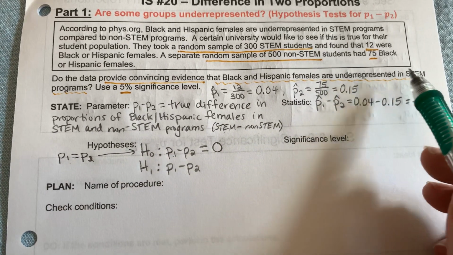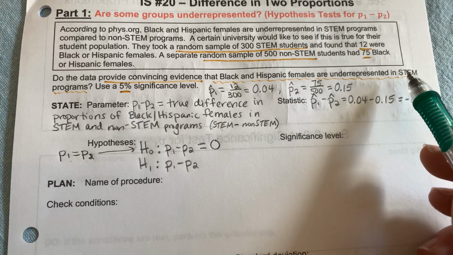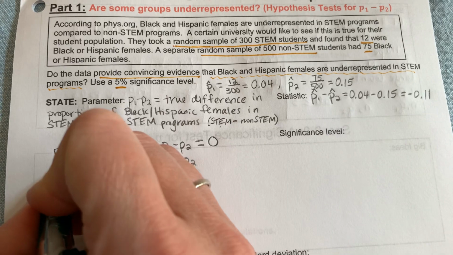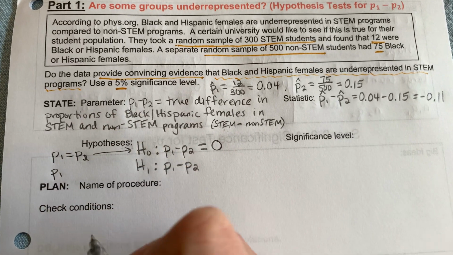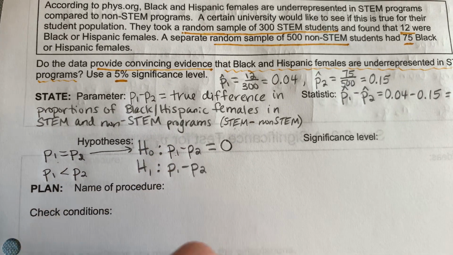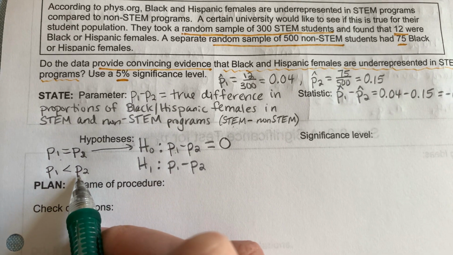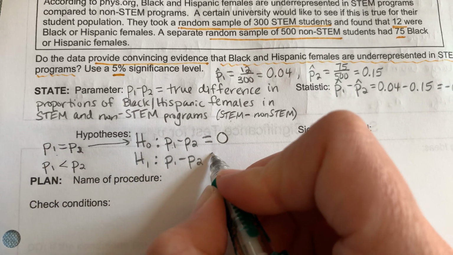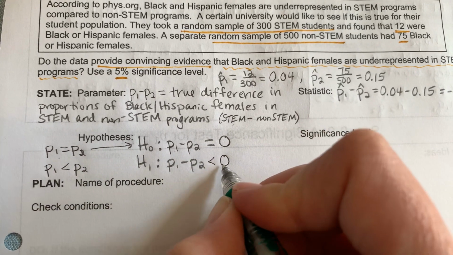So if they're underrepresented in STEM, that means STEM is less than non-STEM. So I'm going to go ahead and write that one. P1, so the proportion of STEM students is less than the proportion in non-STEM programs. If I rearrange this, subtract P2 to the other side, I'll get 0 again on the left side. So we say P1 minus P2 is less than 0.